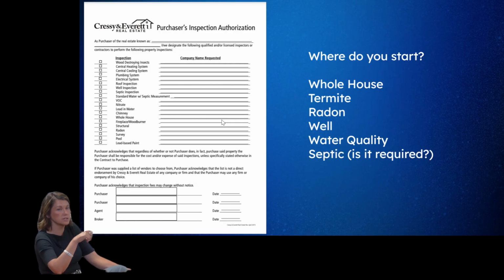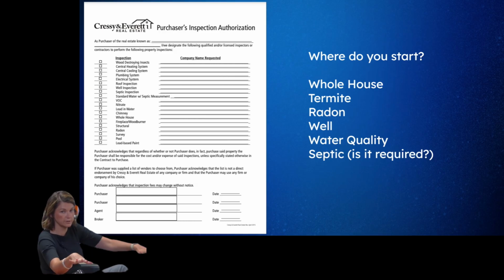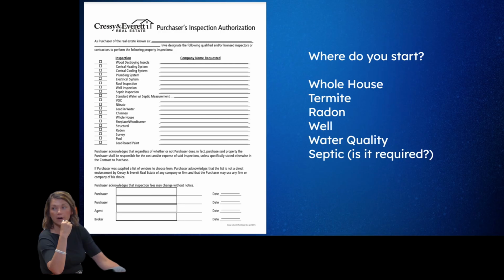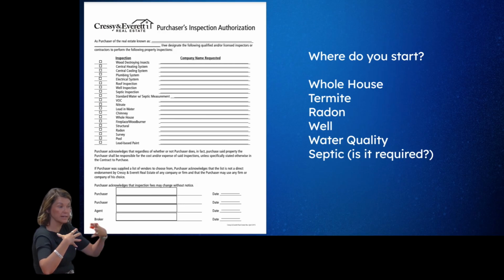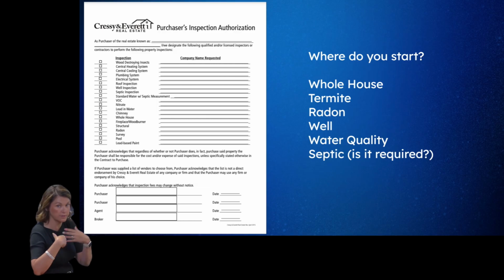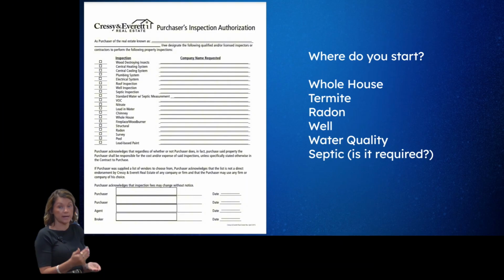Where do I start? I start with a whole house inspection. So I explain to my buyers that this is the overall view of the property from somebody who is a jack of all trades but master of none. Their training, the classes that they go through and the license, is to give them an idea of what doesn't look right.